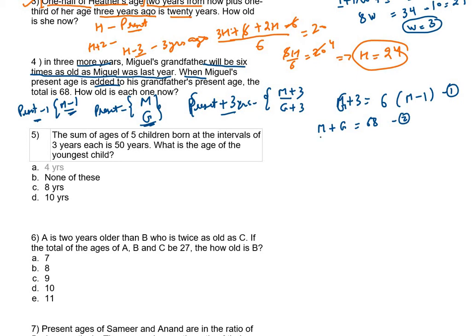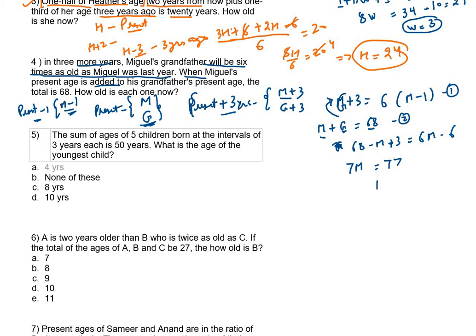Let's put the value of m from the second equation in the first. If we do that, there will be multiplication of 68 and 6, which will be complex. So let's put the value of g from the second equation into the first. So g will be 68 minus m, plus 3 equal to, if we open the bracket, 6m minus 6. If we take this m to the other side, it will become 7m, and if we take 6 to this side, it will be 6 plus 3 is 9, 9 plus 68 is 77.